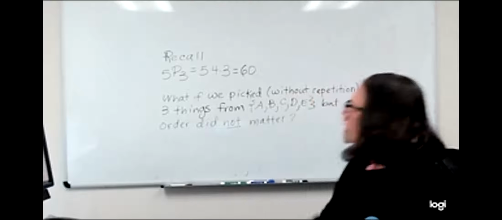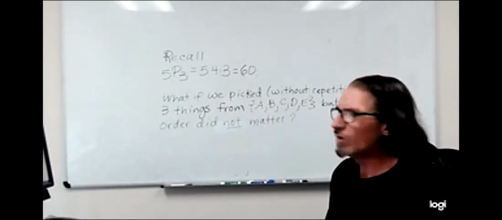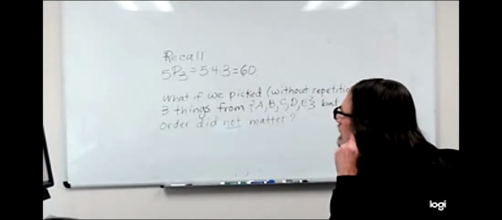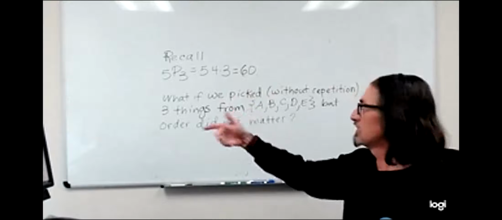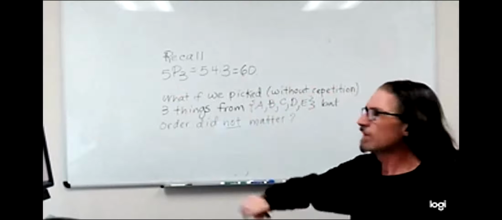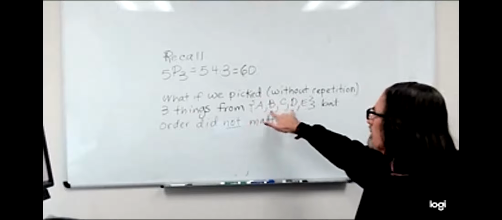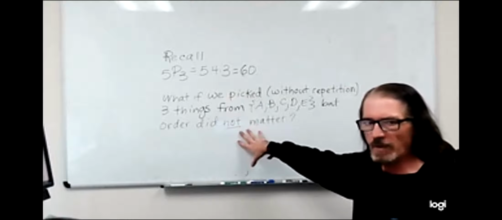Okay, just recently I had computed 5p3 was 60. Now I did not try to list 60 ordered triples. However, what if we were to pick from these 5 things, but order did not matter?